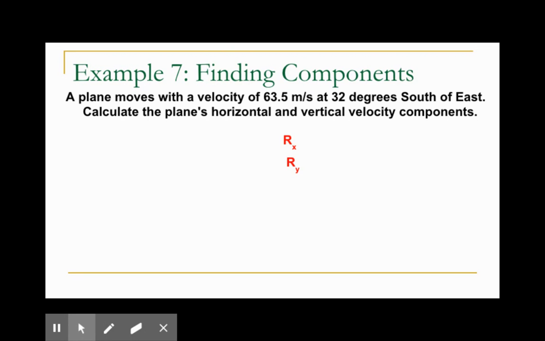So what does that tell us? Madison? That's going to be the fourth quadrant. Okay, it'll be in the fourth quadrant because we're south of east. It tells us that R is 63.5.